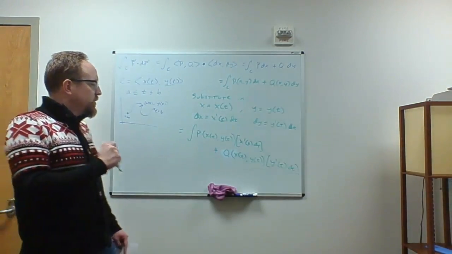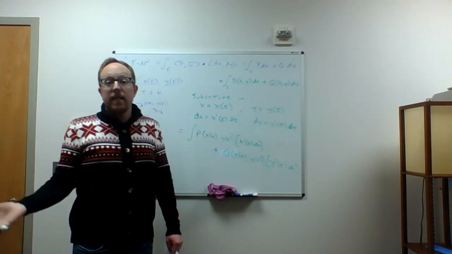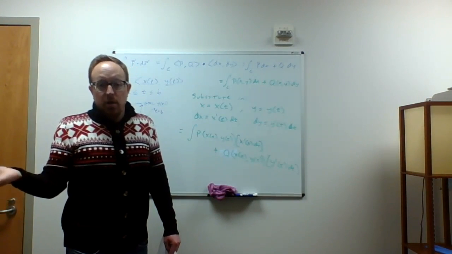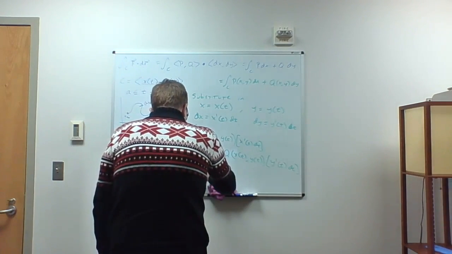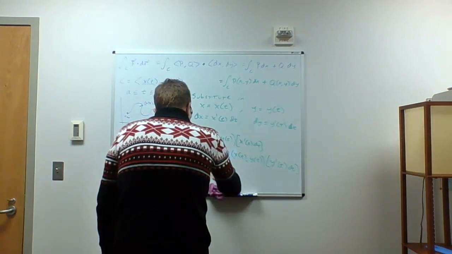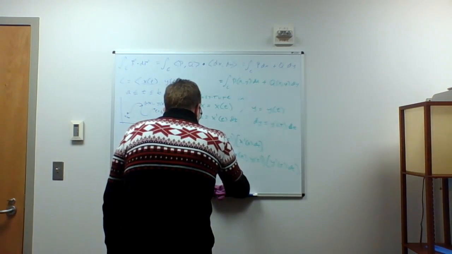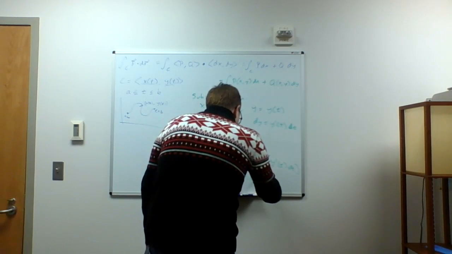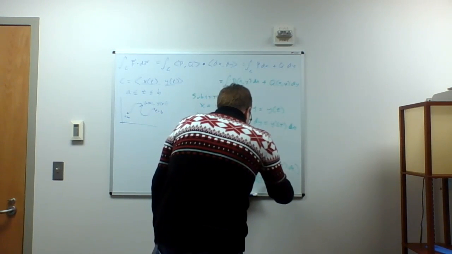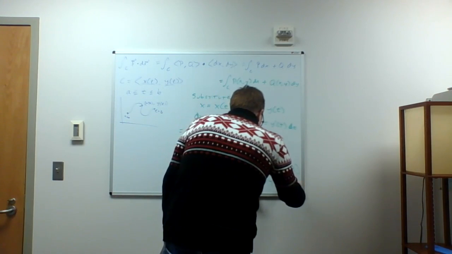What's cool about this is that now P and Q are really just functions of t. We've sort of gotten rid of all the x's and y's, right? So that means that this is really just the integral of P of t times x prime of t dt, and then Q of t times y prime of t dt.